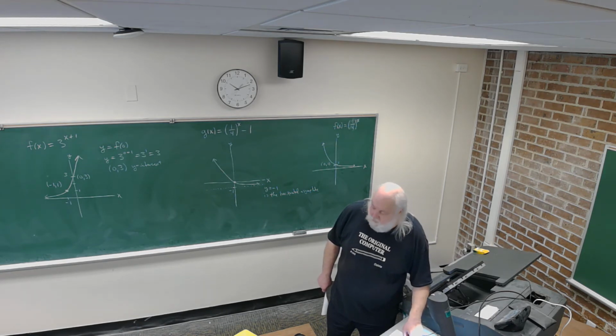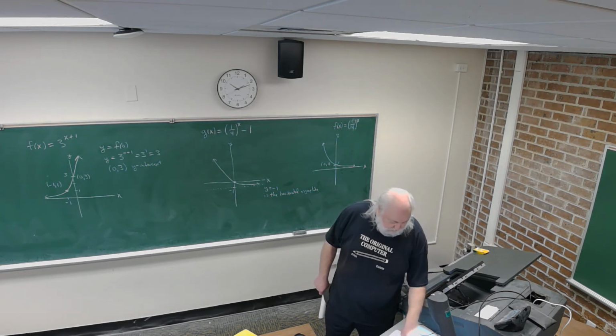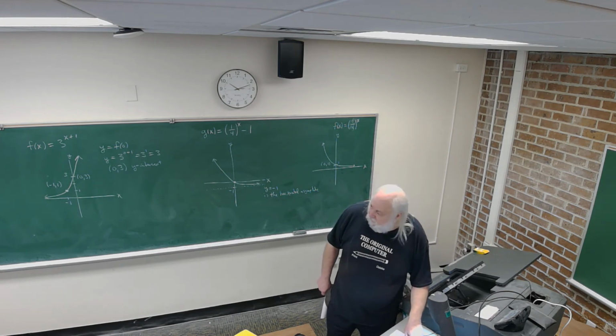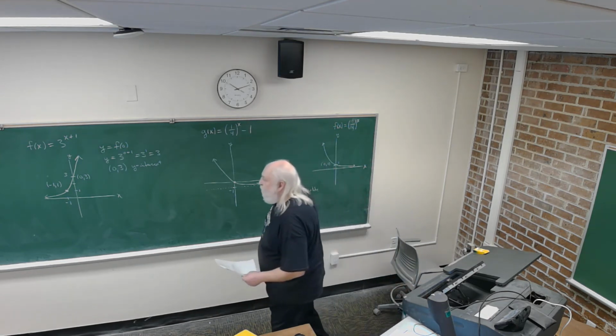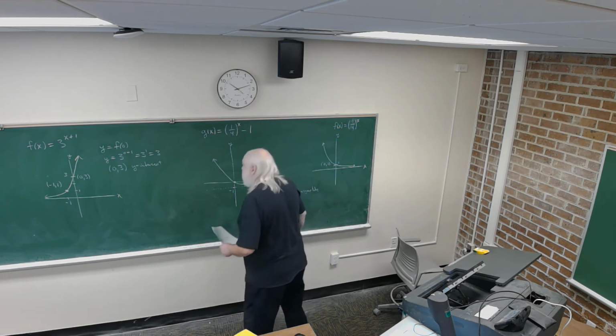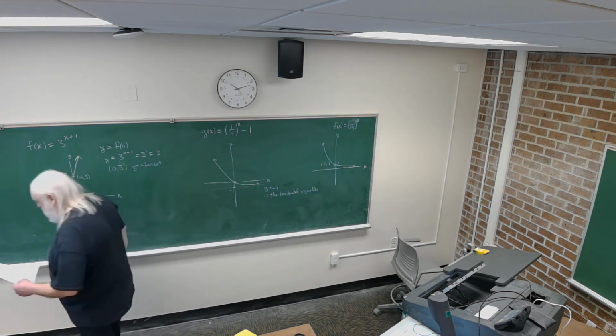In B, we are graphing a transformation of e to the x, and the graph goes down and to the right.